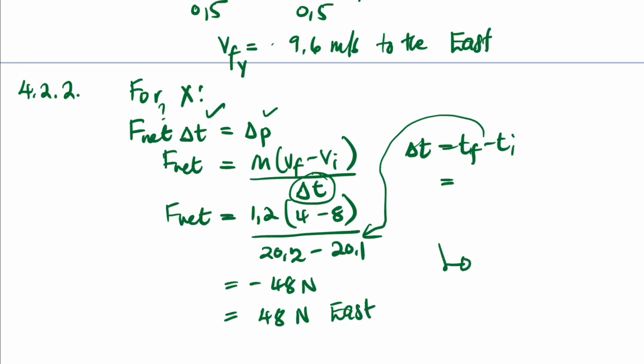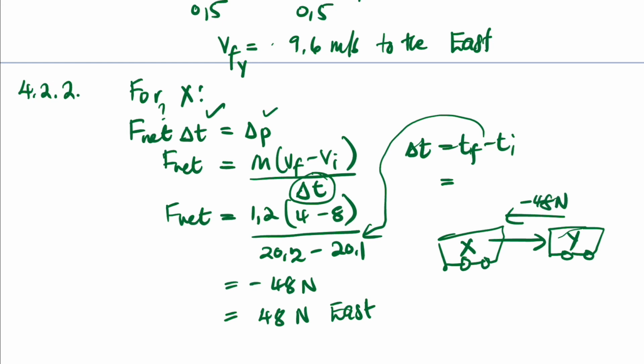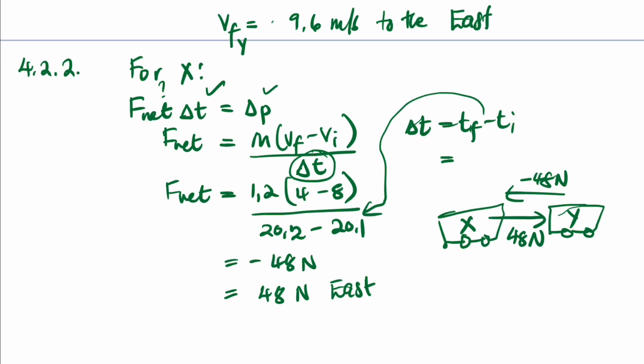So let's say trolley X is this one, and trolley Y is this one, right? Trolley X is exerting a force in this direction, but what we calculated is the force that trolley Y exerted, the negative 48, but trolley X is exerting positive 48 in that direction. I hope you get what I mean.